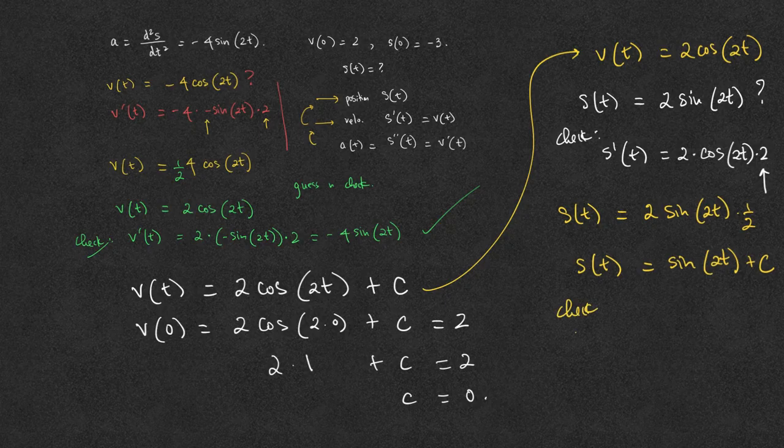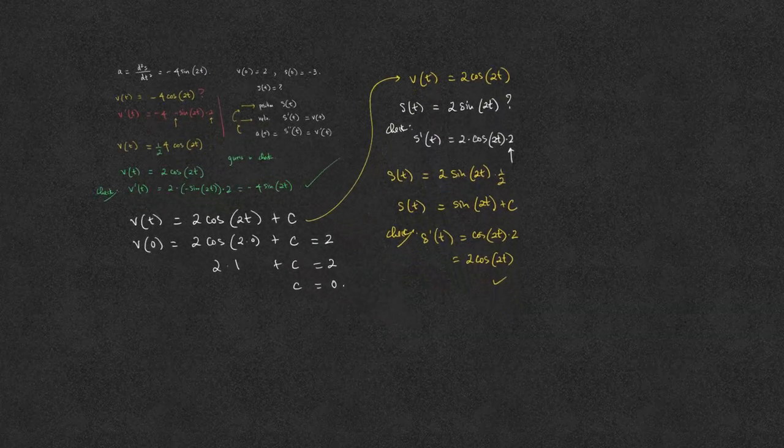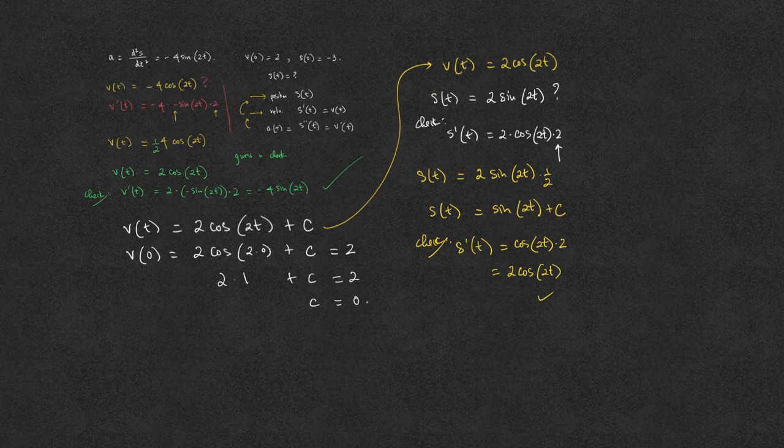We check this. s prime of t equals cosine of 2t times 2, and the derivative of c, a constant, is 0, and so yes, this checked out. The equation for the general position function is s of t equals sine of 2t plus c, because when we checked it, it works out.